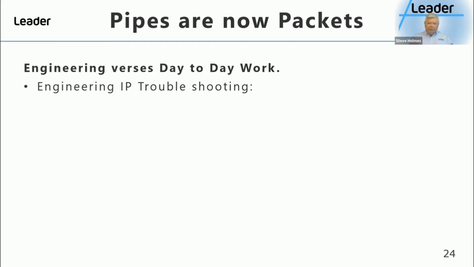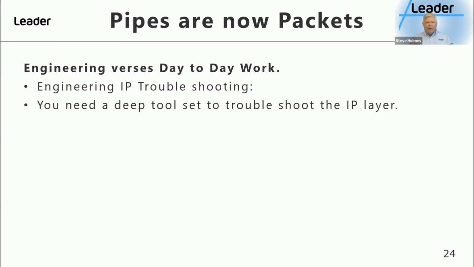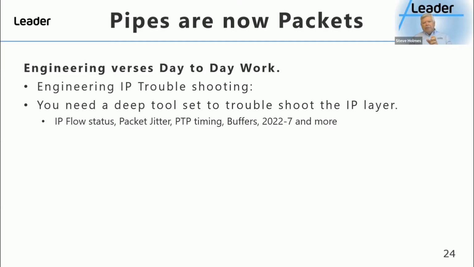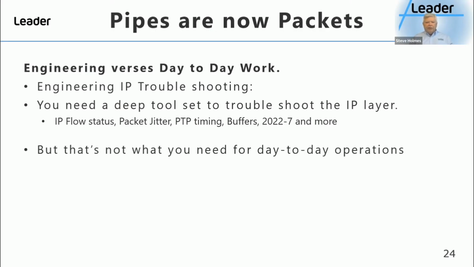In engineering and IP troubleshooting, we need to have a tool set that will allow us to go down and look at the packet layer, look at the IP flows that are coming in, look at packet jitter, look at the PTP timing that puts all of this stuff together, look at buffer modeling, look at the 2022-7, which is that one-for-one transmission that we would have with a red and a blue network, because of how devastating the errors are, and be able to look at this.